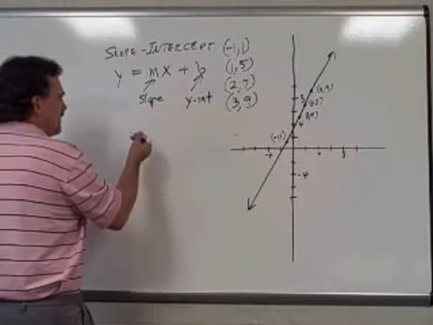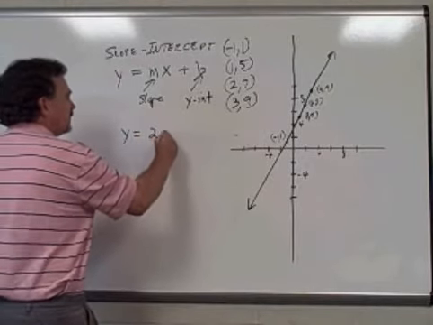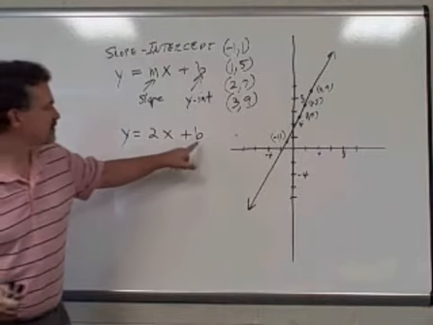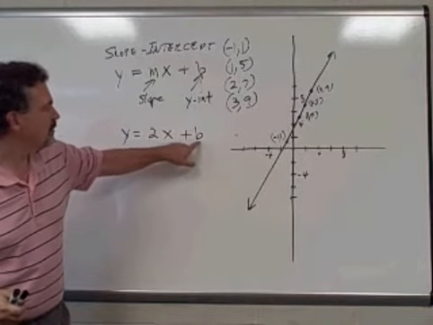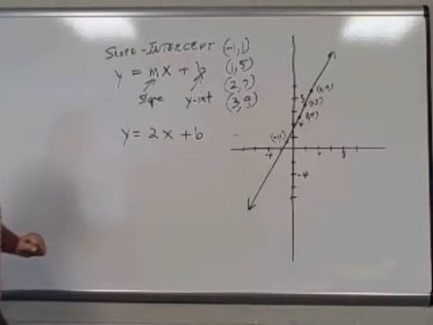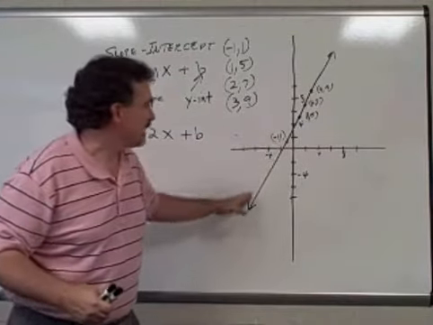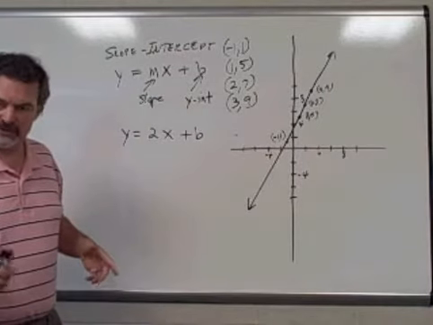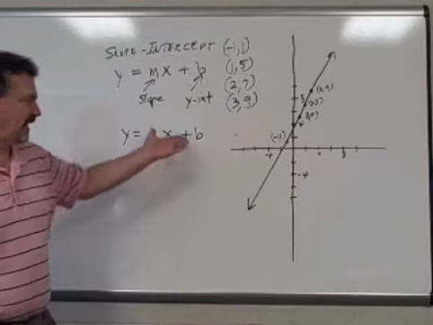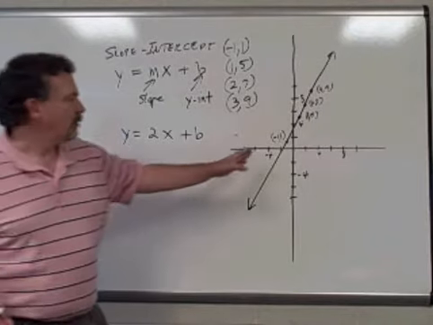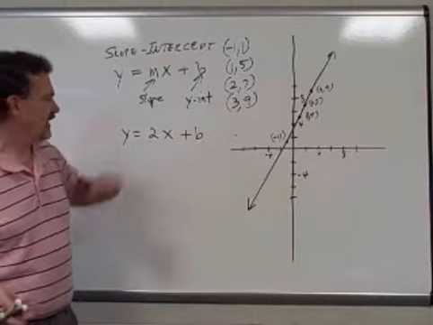Our equation then, so far, looks like this. And all we have to do is figure out what would be the y-intercept, what would be the b value. Now, I suppose we could try to do that graphically, but it might be tough to be very accurate. So we need a different approach in order to find the y value of the y-intercept point, in order to find that b.